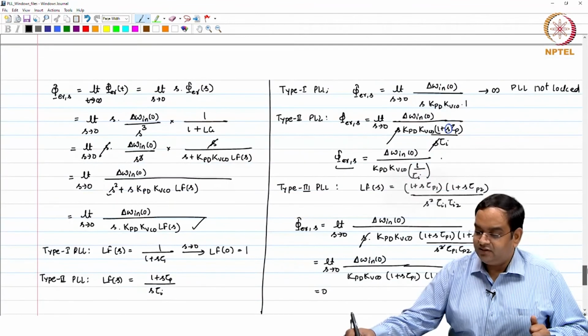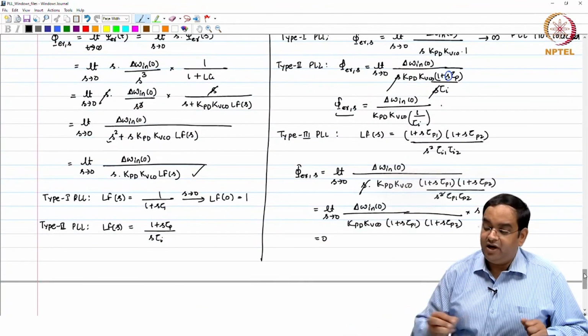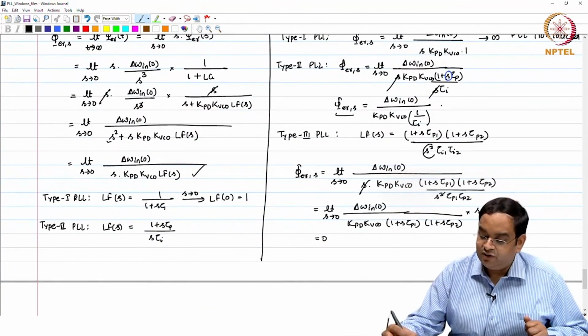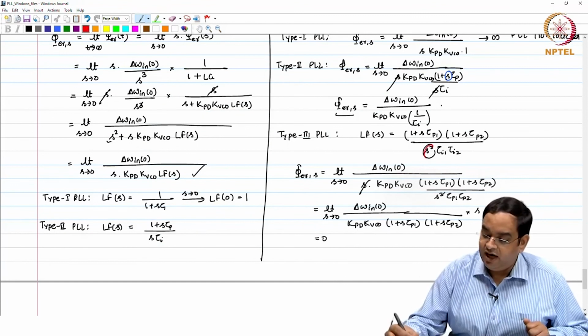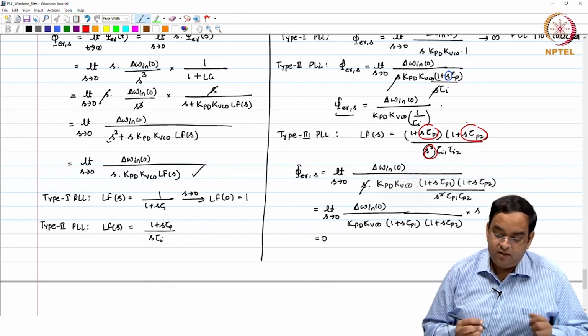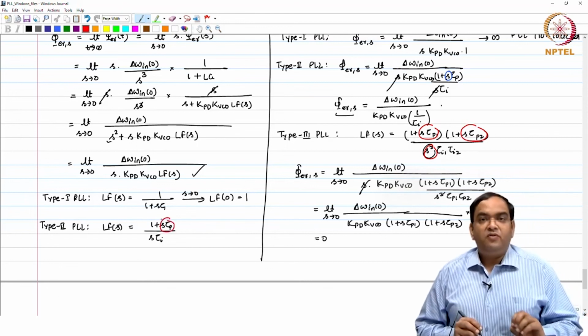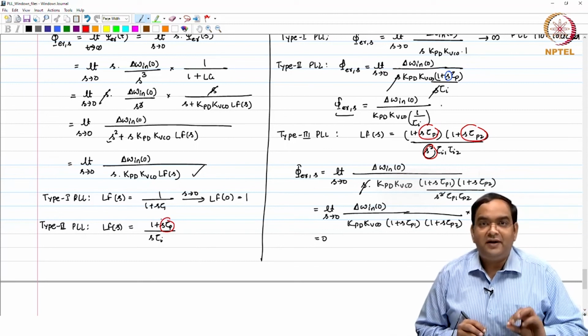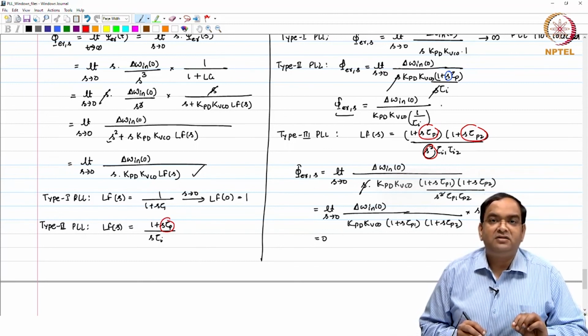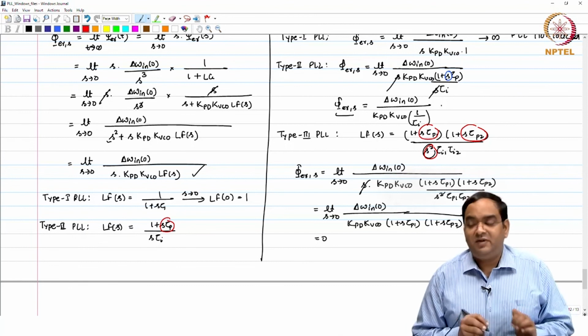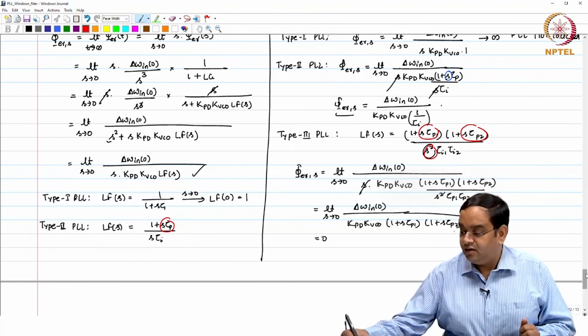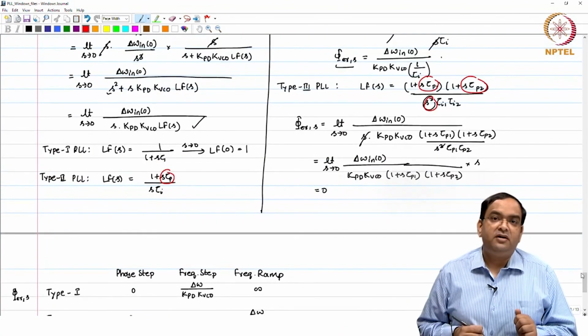Then you may ask that okay, why I did not have only S square, why I needed to have S tau P1 and S tau P2. Similarly, for case of type 2 PLL, why I had S tau P. Well, all these things are required to stabilize the loop. We will see the stabilization in the upcoming sessions. Okay. Thank you.